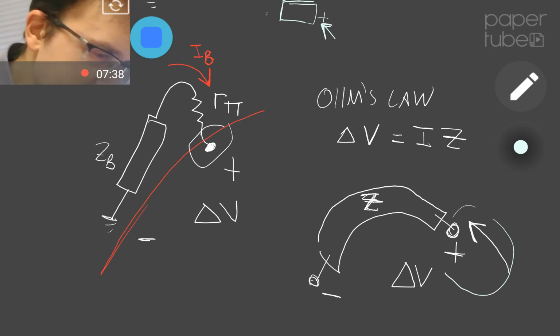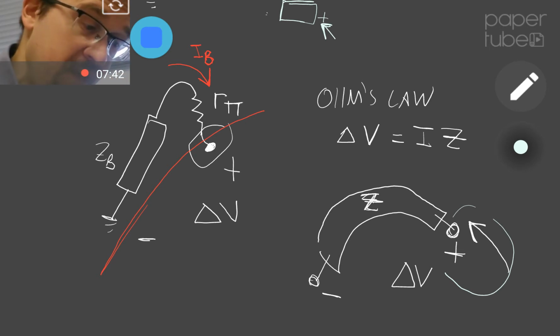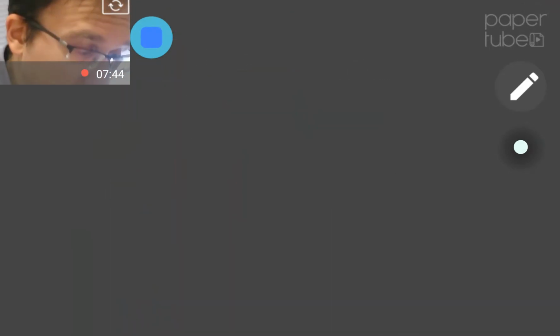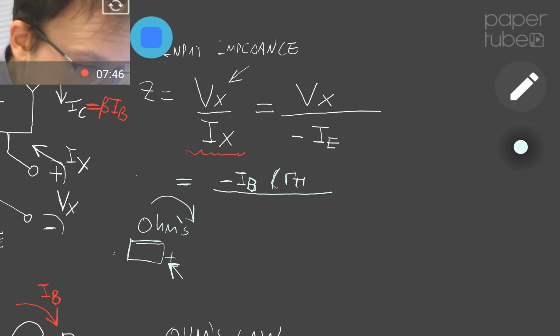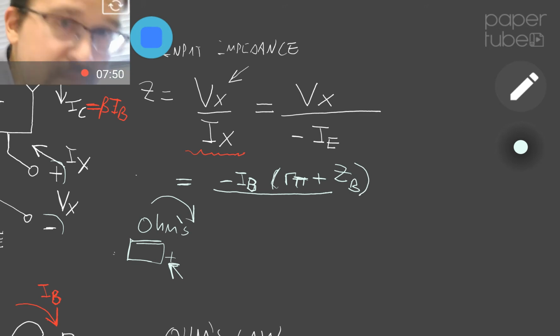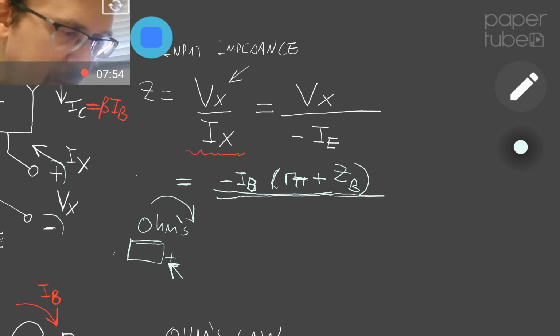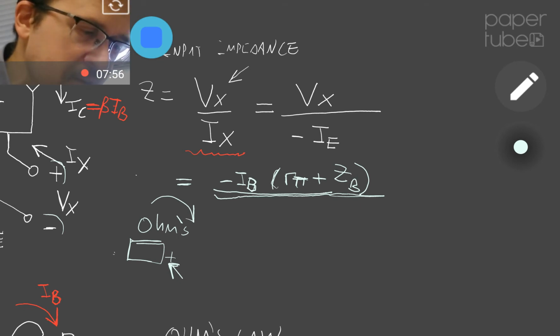So when we go back here, we say, what's the voltage drop across that point that I'm trying to measure, Vx? Well, it's minus IB times the sum of those impedances. By being careful with the application of Ohm's law, we get the minus in there.